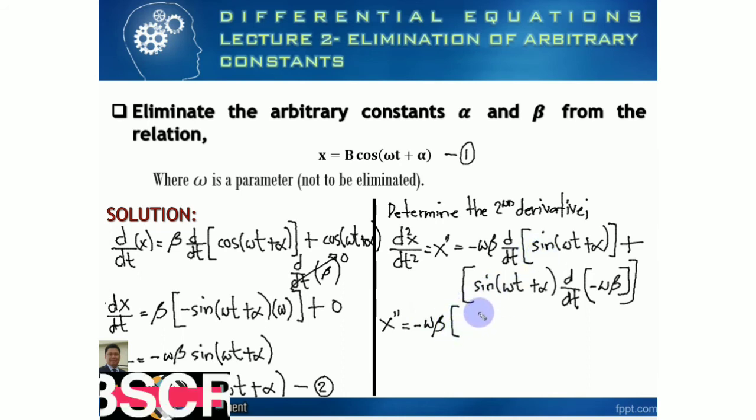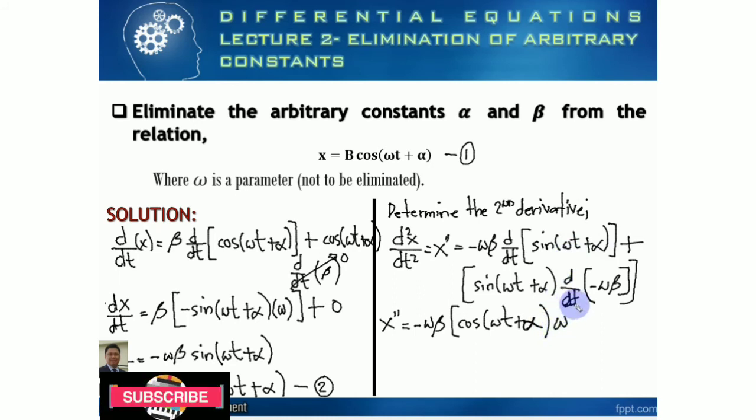What is the derivative of sine? It is cosine of the quantity omega t plus alpha times the derivative of the inside. Here alpha is constant, so the derivative of omega t is just omega.